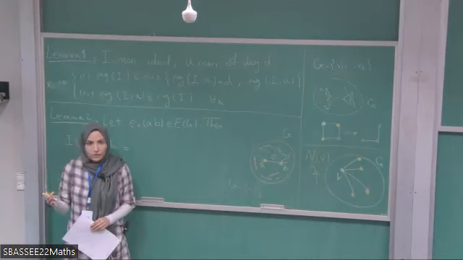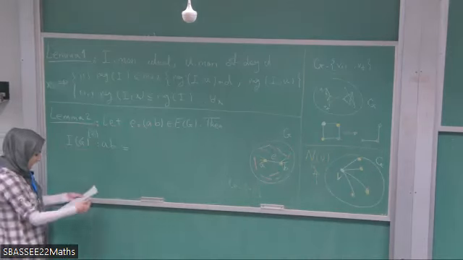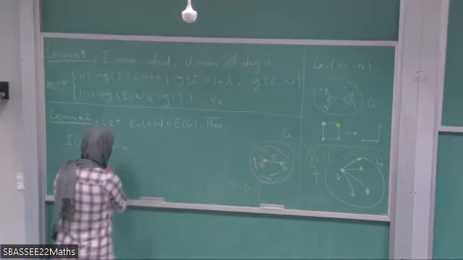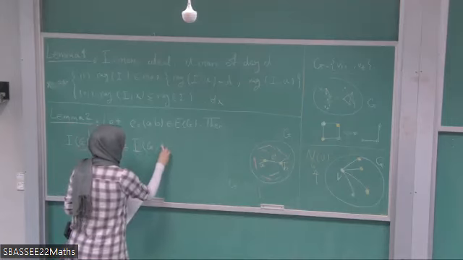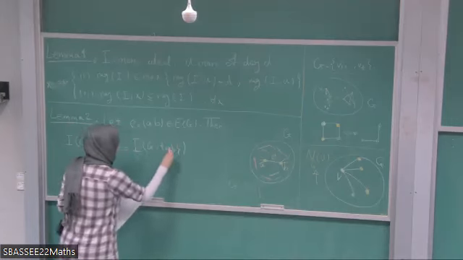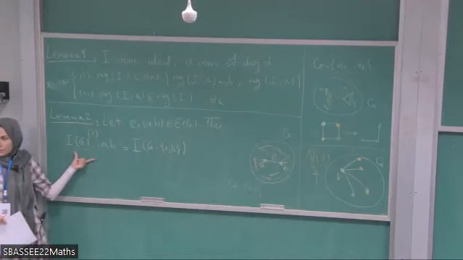All pink edges are the edges of G minus A and B. So for the moment, all generators of the edge ideal of this graph have this desired property that we want.